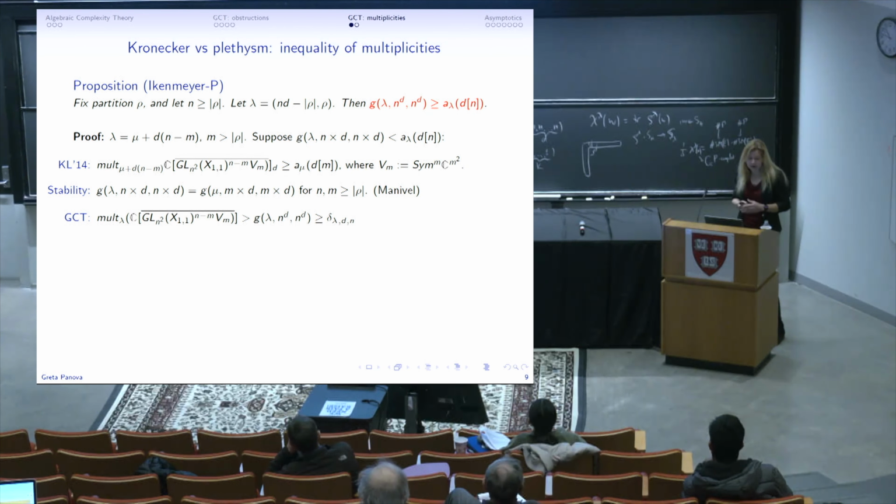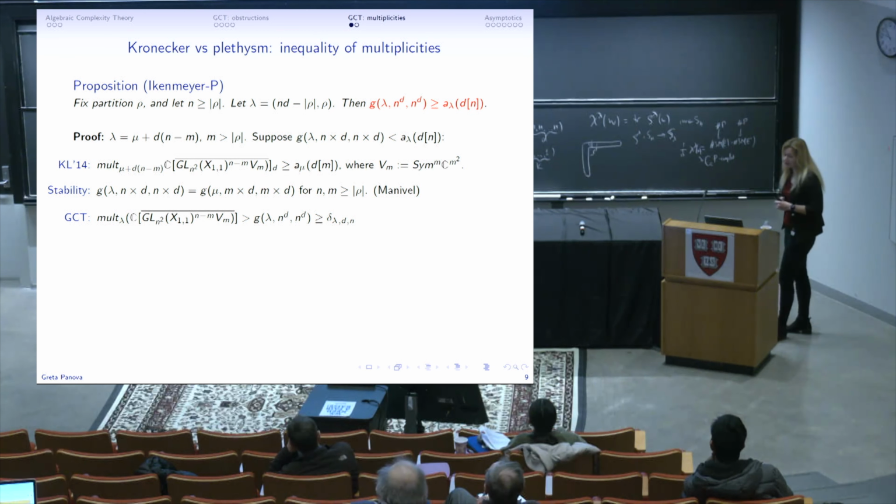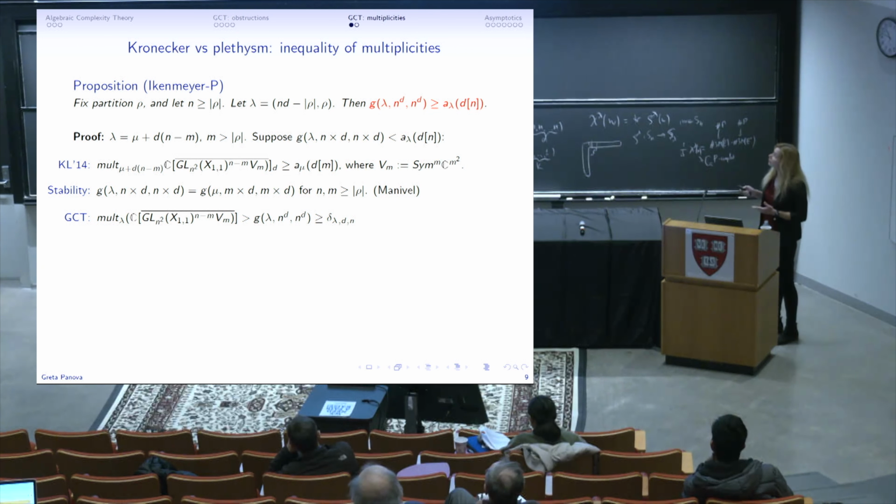And now we can use GCT to say that the multiplicity is bigger than this plethysm coefficient, and the plethysm coefficient we are assuming is bigger than the Kronecker coefficient.